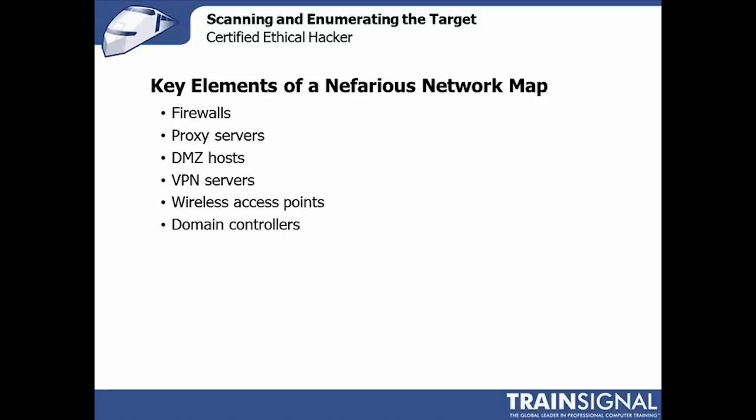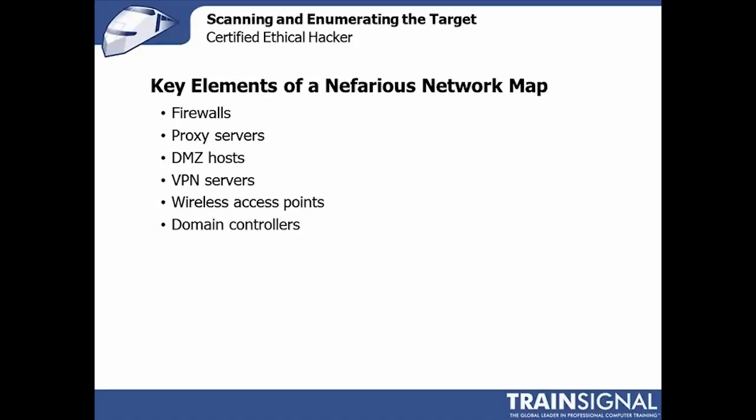All of these things are going to be key elements to your attack, because compromising these is extremely valuable, and compromising these often enables you to compromise other systems later on. So knowing where they are doesn't necessarily mean you will hack them, or that you can hack them, or that they're easily compromised. It does mean, however, that you've mapped them out and you know where they are. That actually is a fairly key part of this attack.